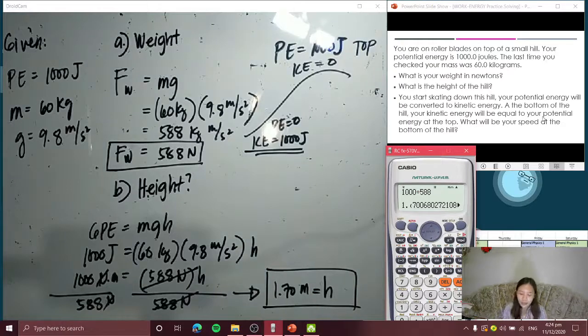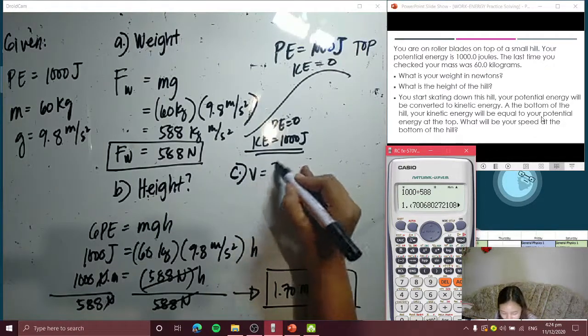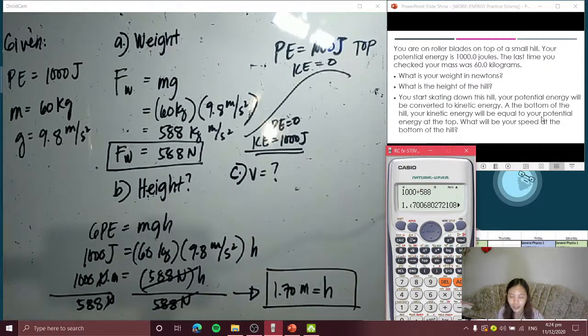Again, that's 1,000 joules. But then, for letter C, what you will find is the velocity. So, since you already know your KE at the bottom, you can now determine what its velocity is at the bottom, or as you go down the hill until it reaches the bottom.